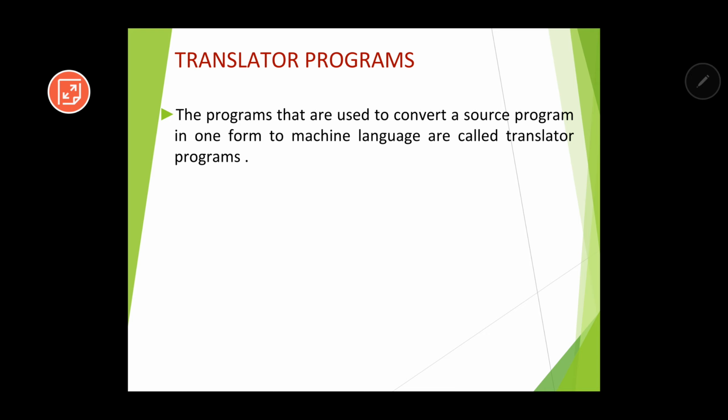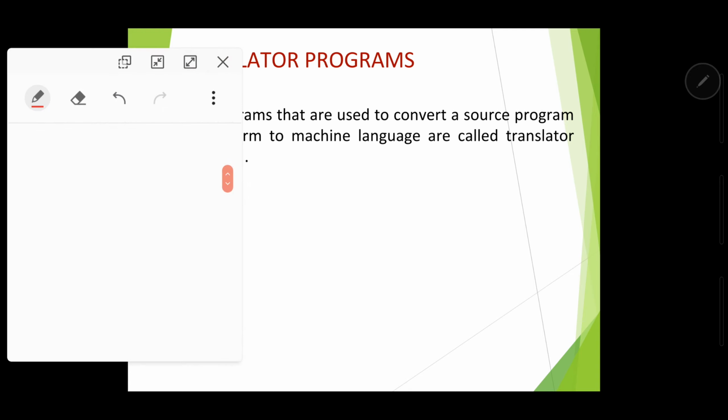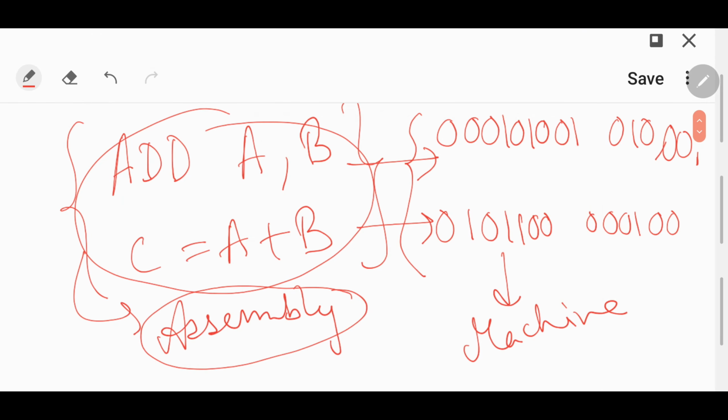These programs are used to convert a source program. What is a source program? Whatever codes we write in assembly language is known as the source program. So whatever we wrote here, these codes, can be called the source program.